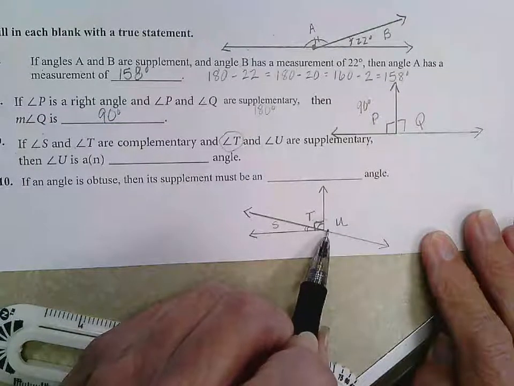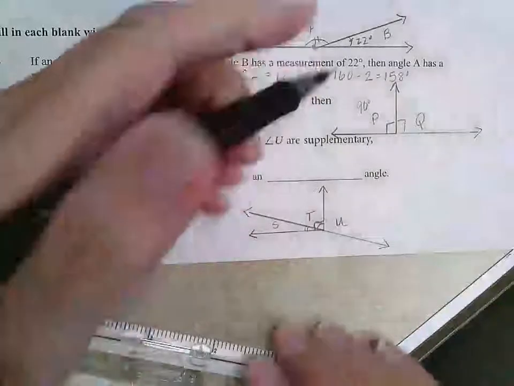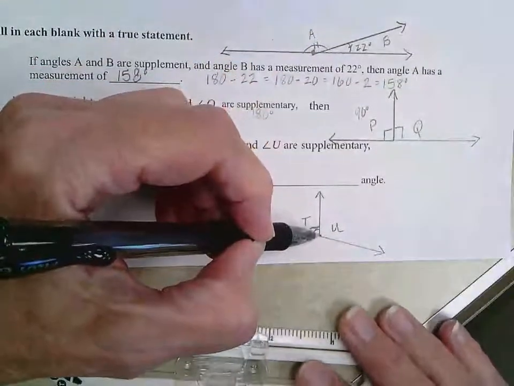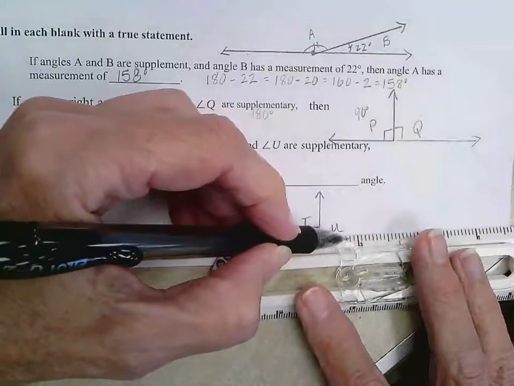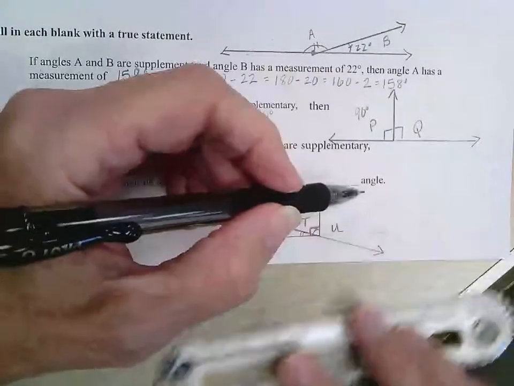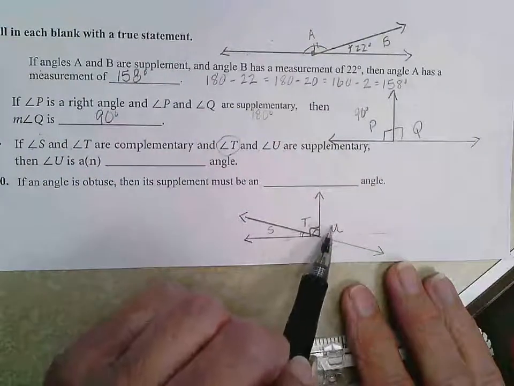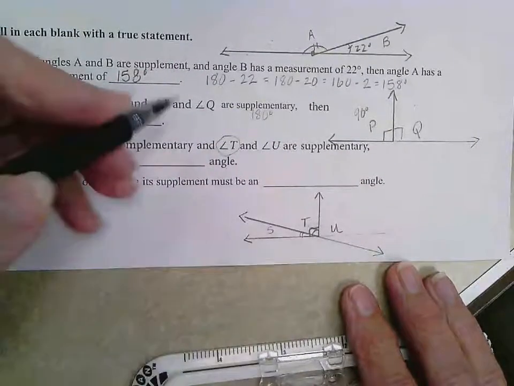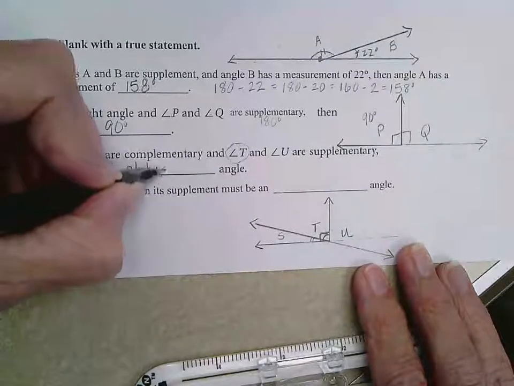So angle U over here must be greater than 90. And I can see that. Angle U is greater than 90. If angle U was a 90-degree angle, it would have to have had a line that came out that way to make this a 90-degree angle. So angle U is an obtuse angle.